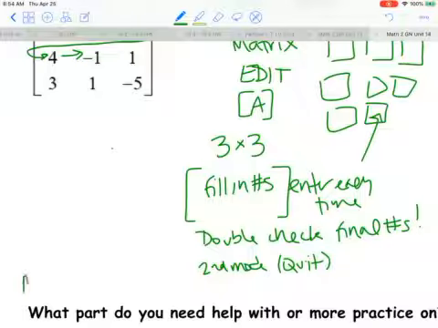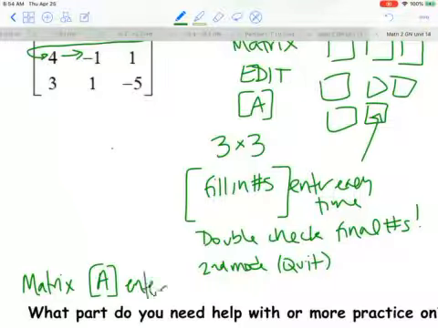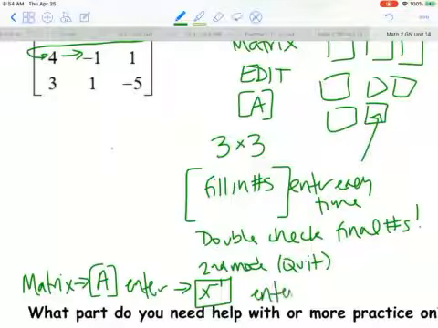And then I want you to go to matrix again, and then click A right there and click enter, and then click that X -1 button. Okay, and then enter, and a matrix should pop up.